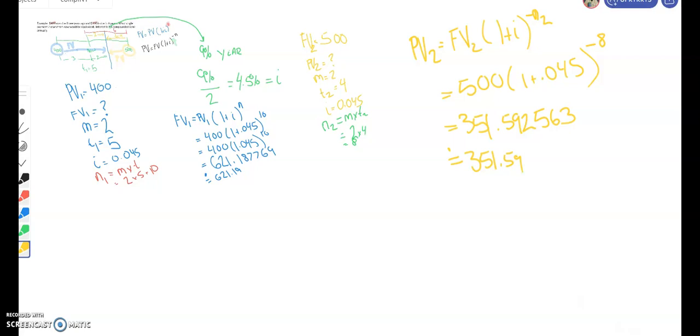Our single equivalent payment, because all our money now is right here, is the future value FV1 plus PV2, because all our money's at the same spot, which ends up being equal to $972.78. I hope that helped.